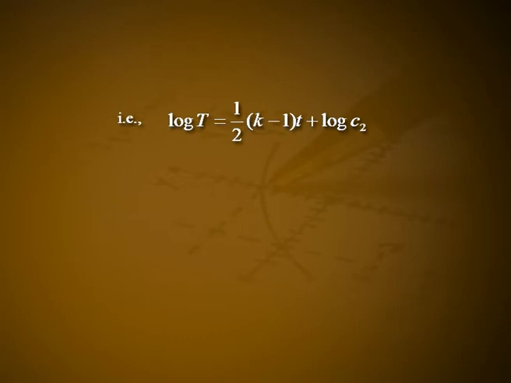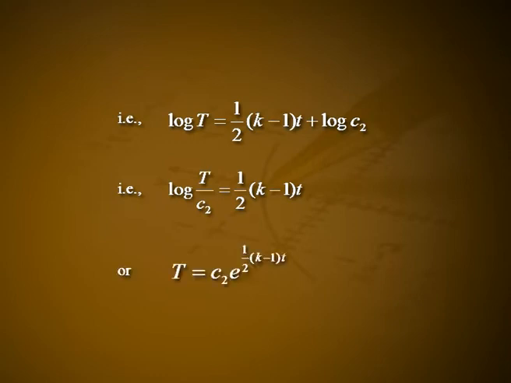That is, log T = (1/2)(k - 1)t + log c2. That is, log(T/c2) = (1/2)(k - 1)t, or T = c2 e^((1/2)(k - 1)t).